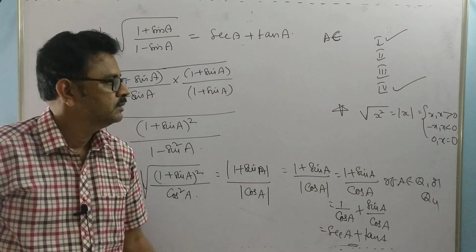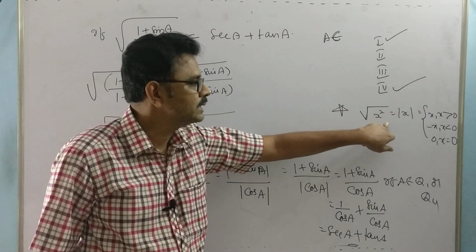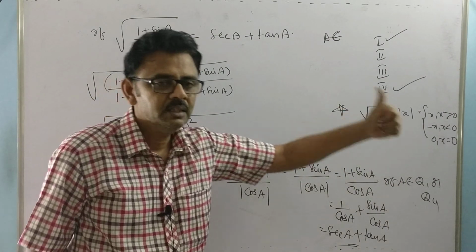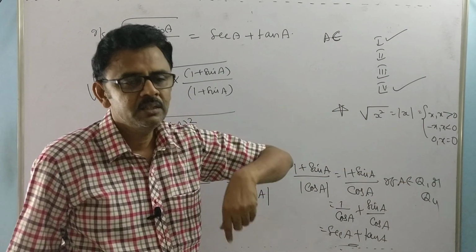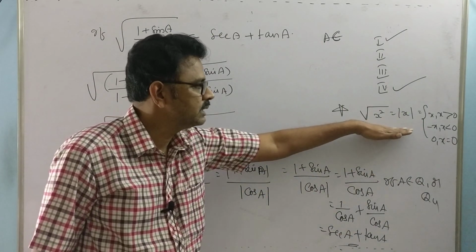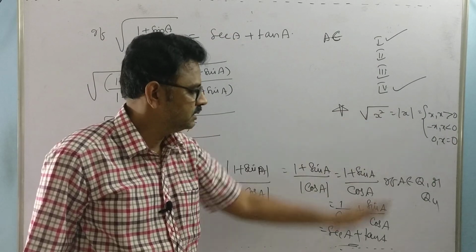Just once you have to go through the mod x function, mod x less than or equal to A, mod x greater than or equal to A, then what is x belongs to? These are the points in the previous classes, or once you go through your notes.